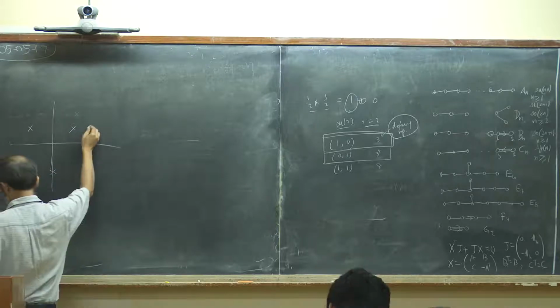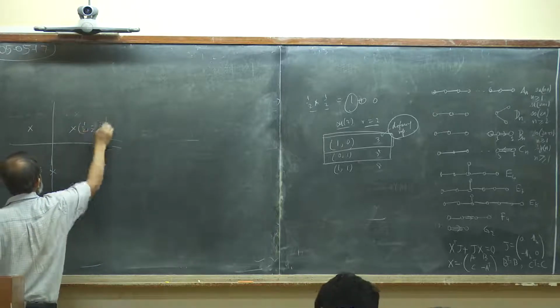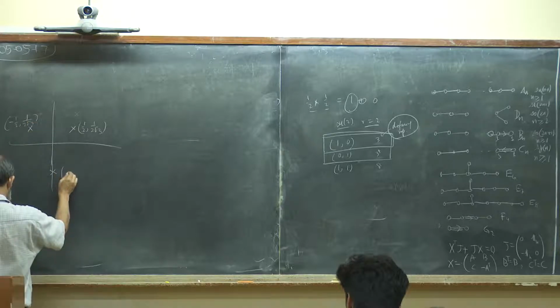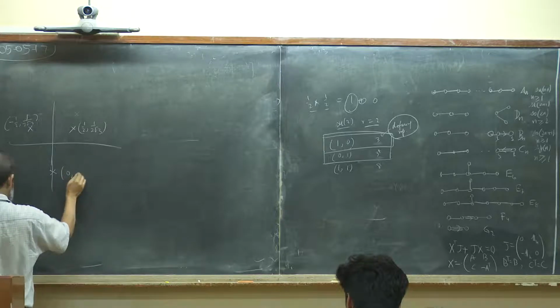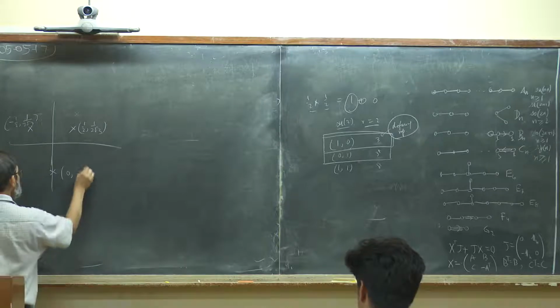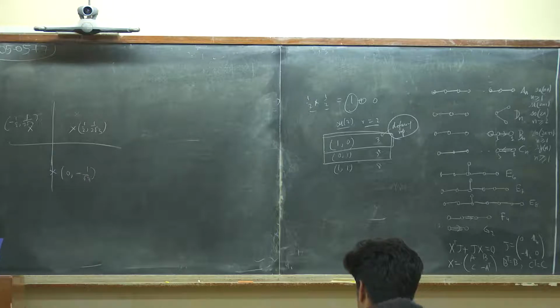This one was half, 1 over 2 root 3, and this one was minus half, 1 over 2 root 3, and this one was 0, minus 1 by root 3, if I wrote it correctly. This is what we got.